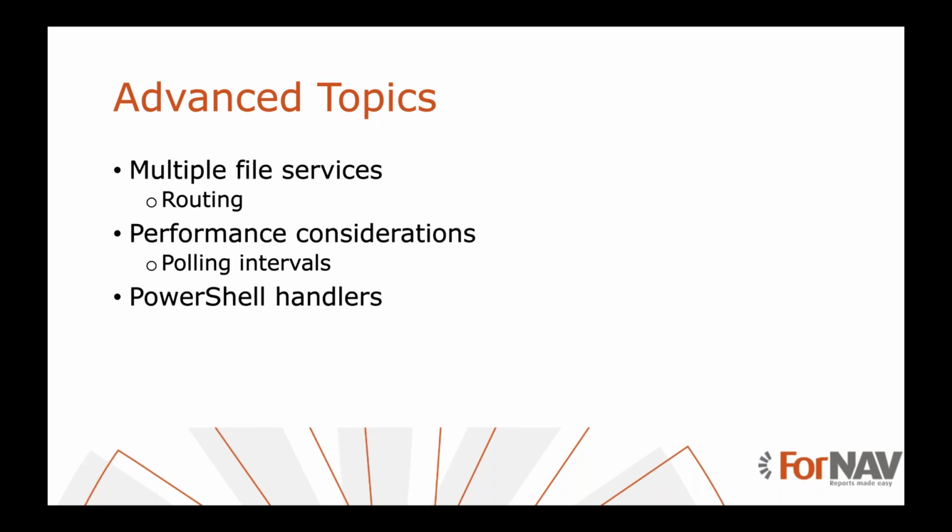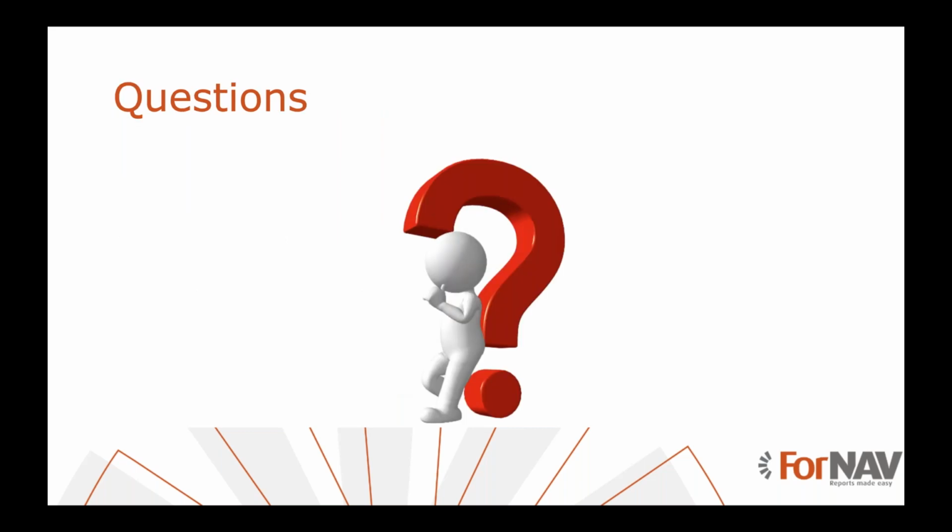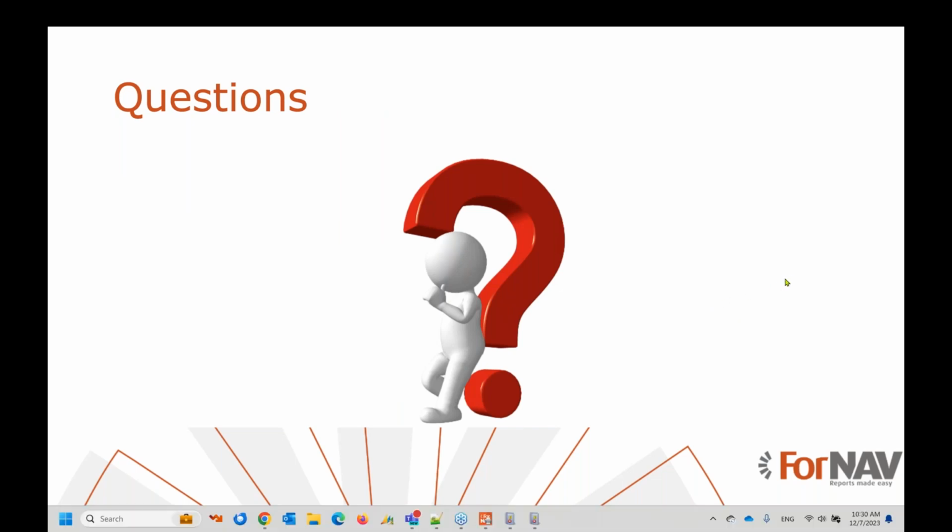Thank you, Jakob. So I hope you got the idea what this is about, but let me sum up. We know perfectly well that there are alternatives to this, so you can store things in blob fields already in BC, or you can use SharePoint or OneDrive or something else.